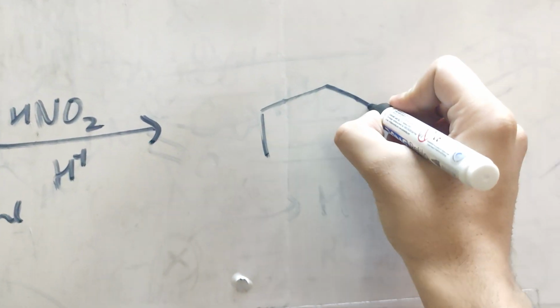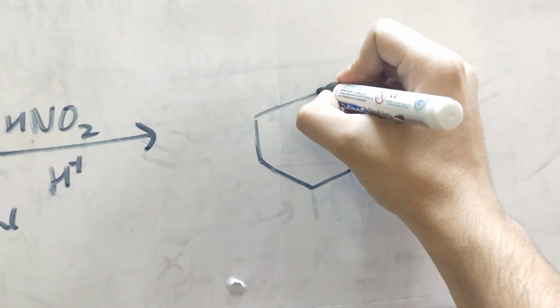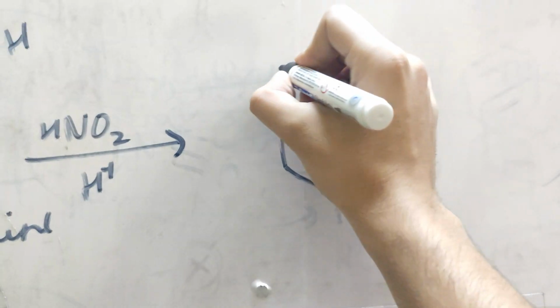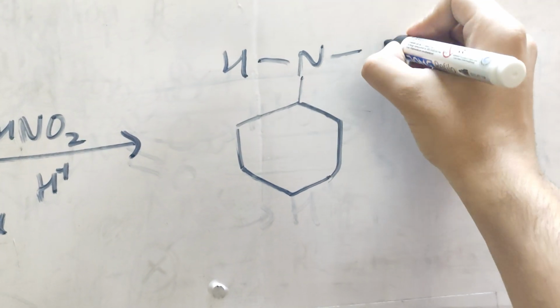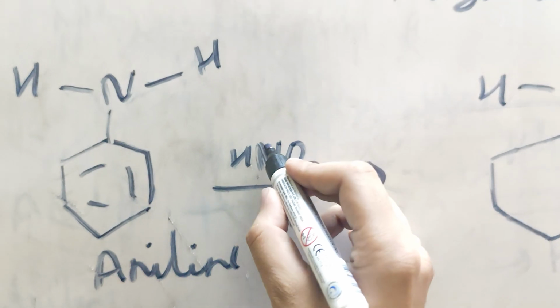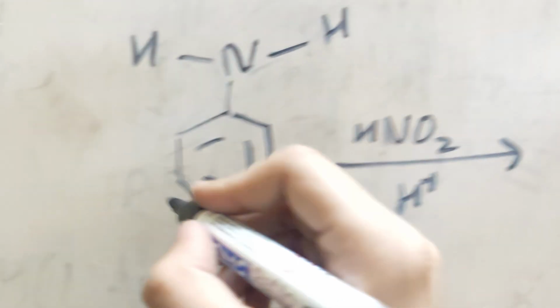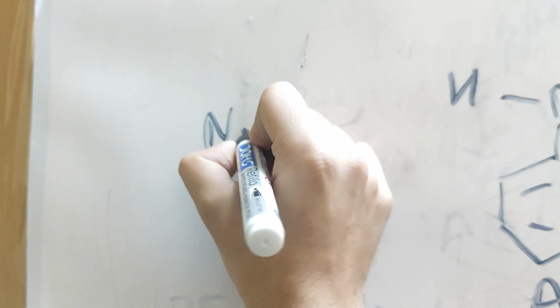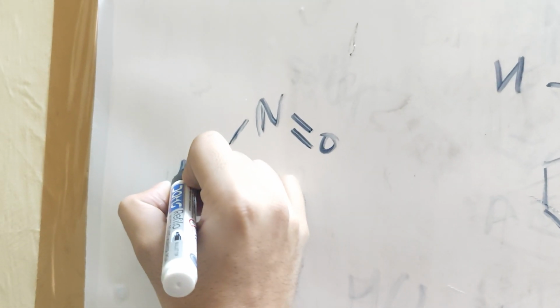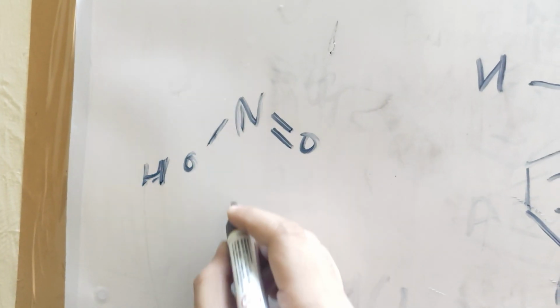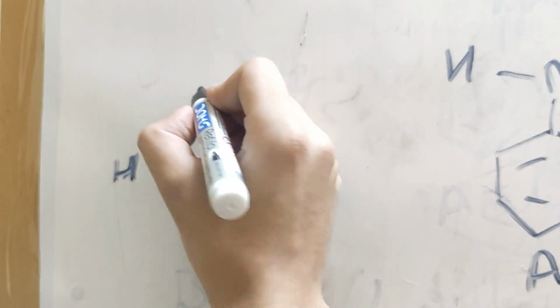So there is this intermediate that is formed. I'll show you. And then there is another nitrogen. The nitrogen came from here, so let's see this: N, O and OH. This is what nitrous acid looks like.